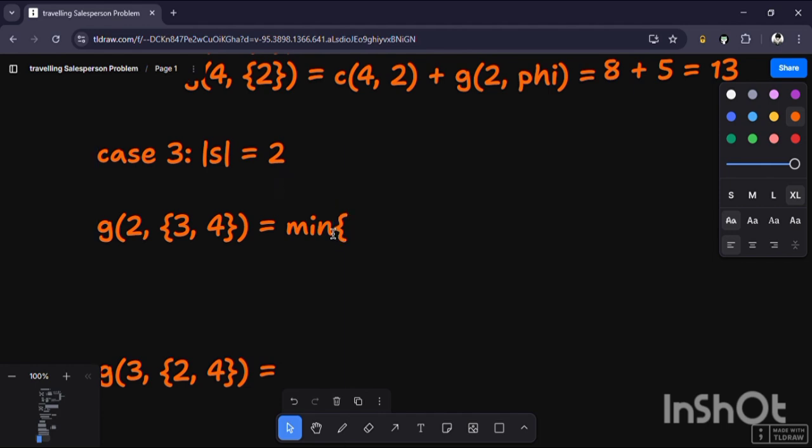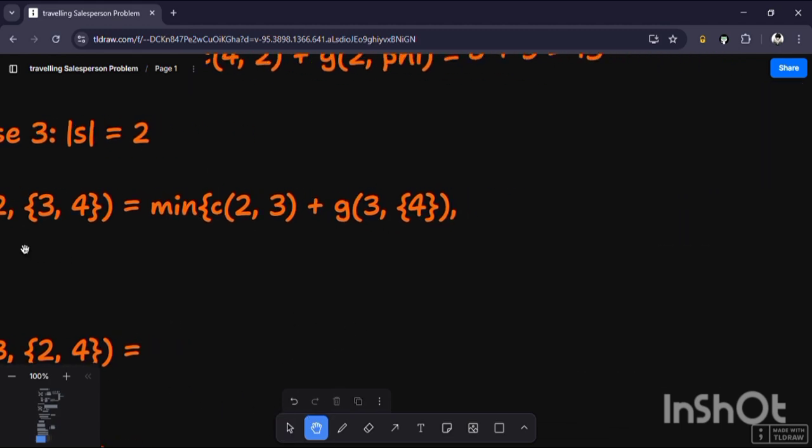The path will be minimum of, first one, cost of 2 comma 3 plus g of the remaining path, that is 3 comma 4, and the second path is from 2 I can go to 4.